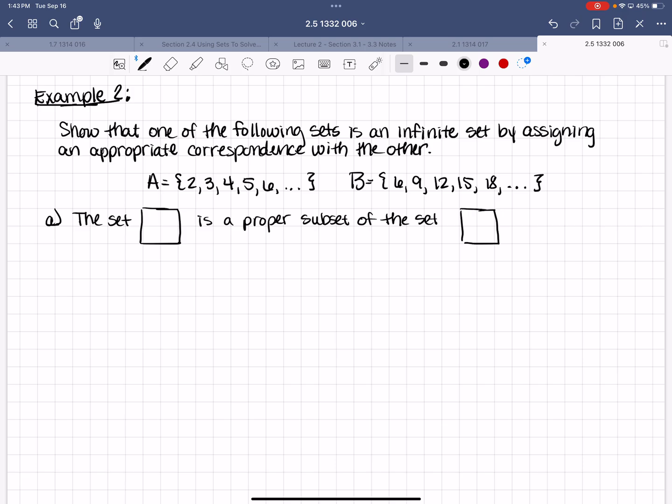No. B, because you got to look at it like, okay, are all the things in A also in B to be a subset? Or is it the other way around? Other way. So what we're saying is if B is a subset of A, that means 6.